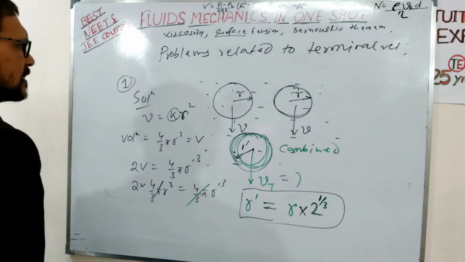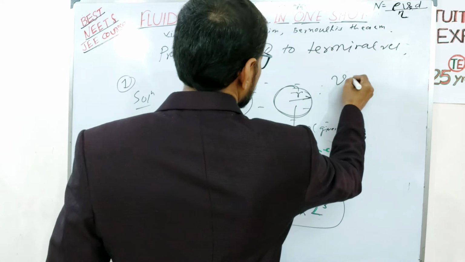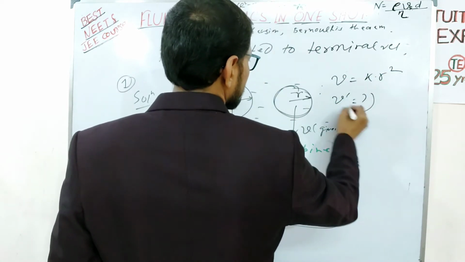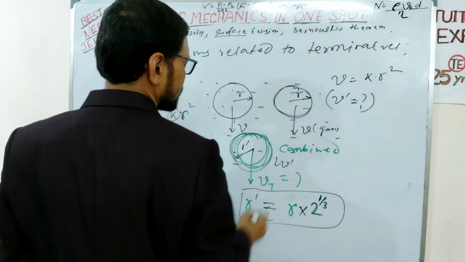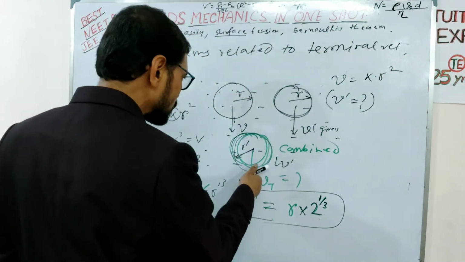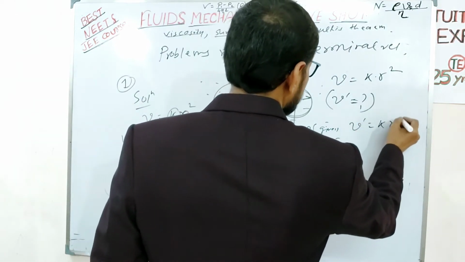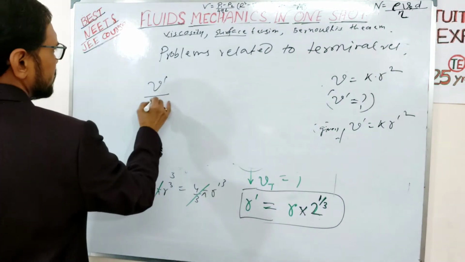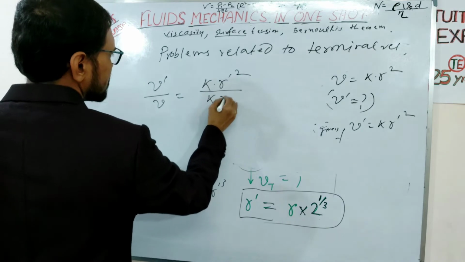Now the terminal velocity v is given, so v equals k r square. V dash, the terminal velocity of the combined body, is unknown. So v dash equals k r dash square. Dividing, v dash by v equals k r dash square by k r square.